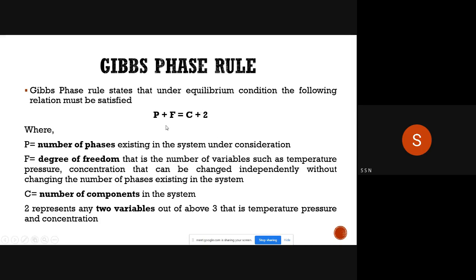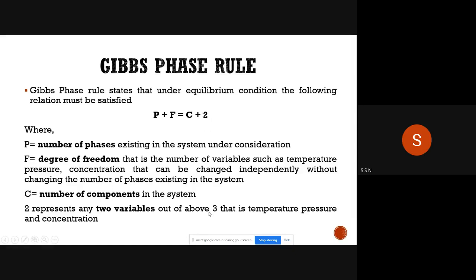So this equation is given by Gibbs, a standard relationship. He has done many experiments and he has got this equation, P plus F is equal to C plus 2, and here 2 is a constant representing the variables in the system.